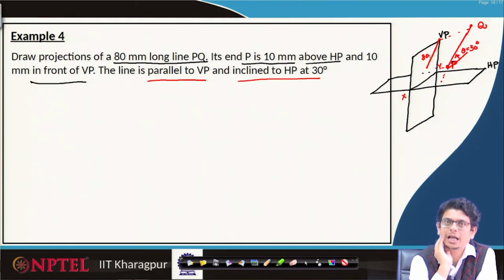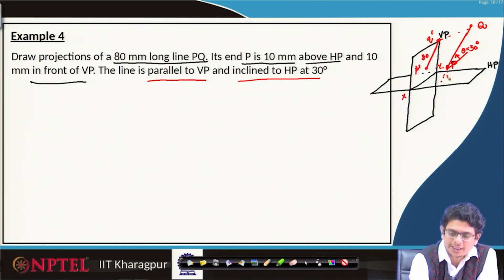This is the way the line in 3D is supposed to look like, and what we are more interested in is projections. So, P point we have to map to P prime, small letter, Q point we have to map to Q prime. Once done, project this point all the way down, rotate it by 90 degrees.